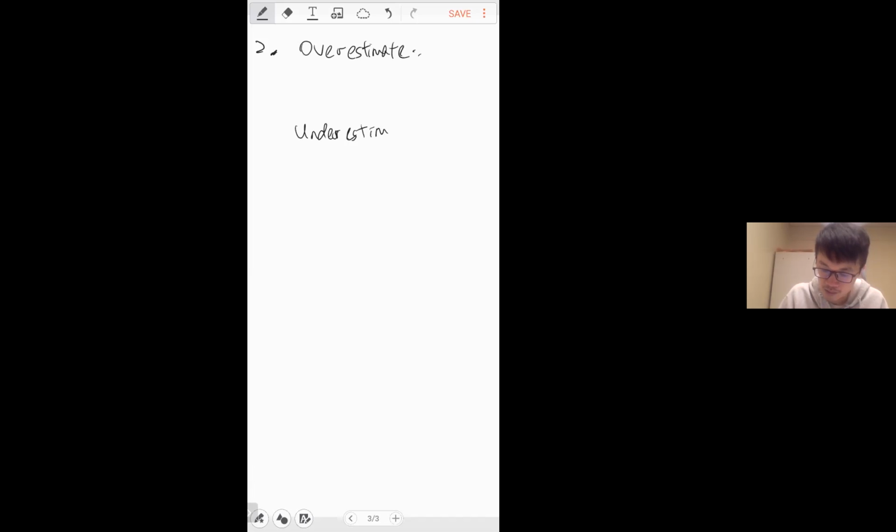We mentioned last time that overestimate means the rectangles should be over the graph. Whereas for underestimate, the rectangles should be under the graph.